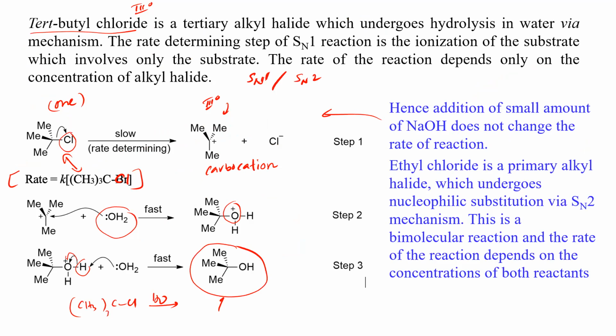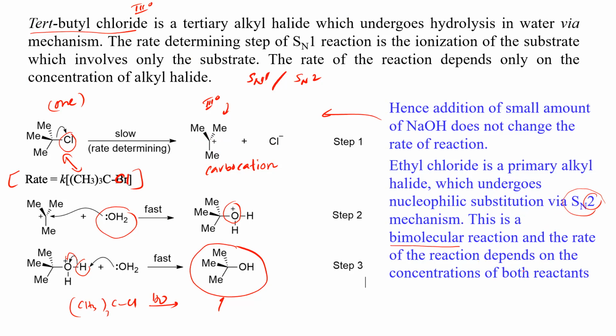Only the tertiary butyl chloride is there, which undergoes removal of chloride, the leaving group, giving you the carbocation. But ethyl chloride is a primary alkyl halide which undergoes nucleophilic substitution via SN2. And it's a bimolecular reaction, so that's why it's called 2. And the rate of the reaction depends on the concentrations of both reactants. So that's what we saw.